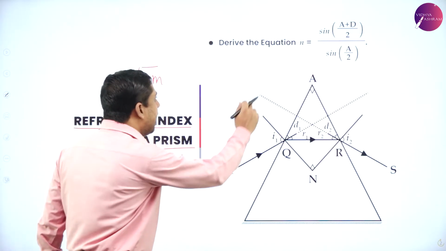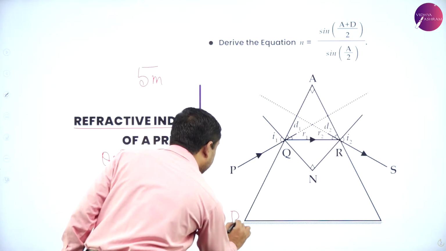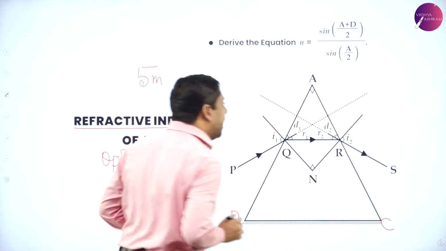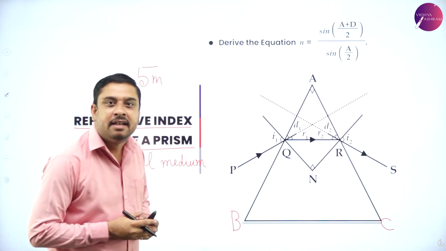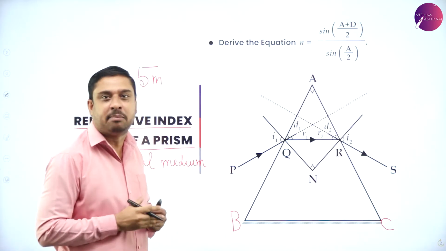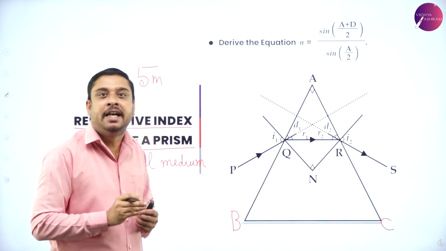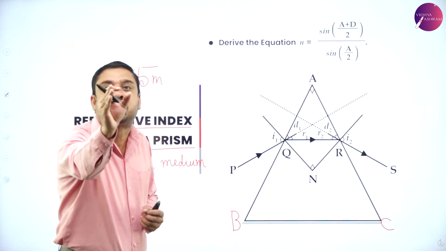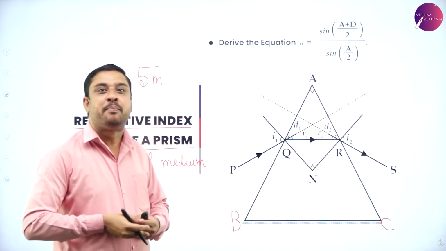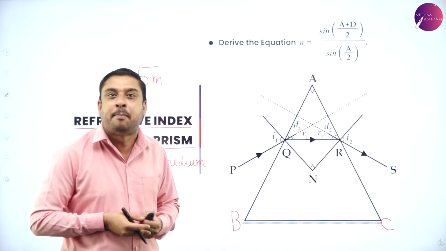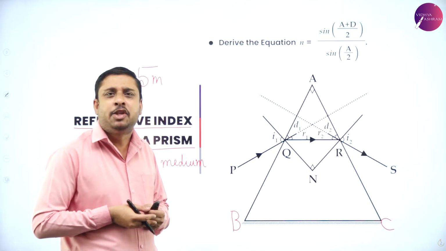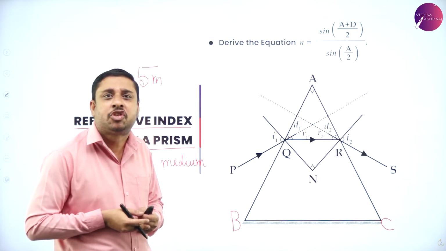Now, I consider ABC to be the principal section of the prism. Keyword: principal section. ABC represents the principal section of the prism. What is the principal section?